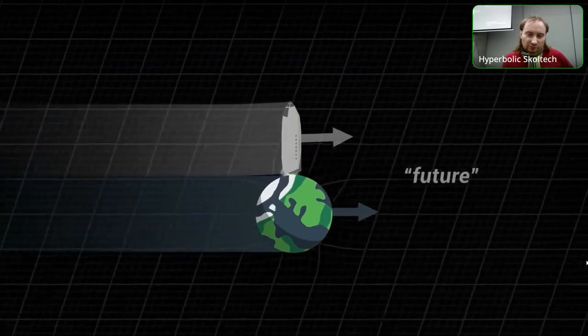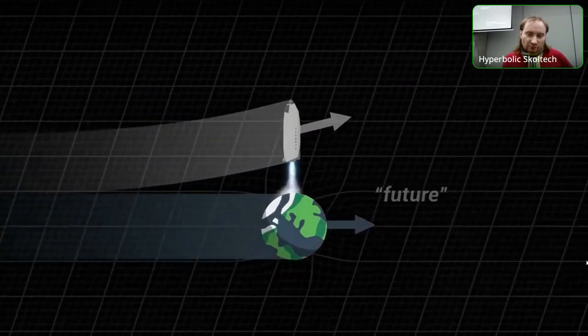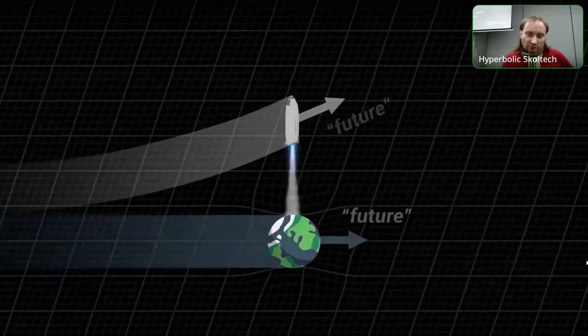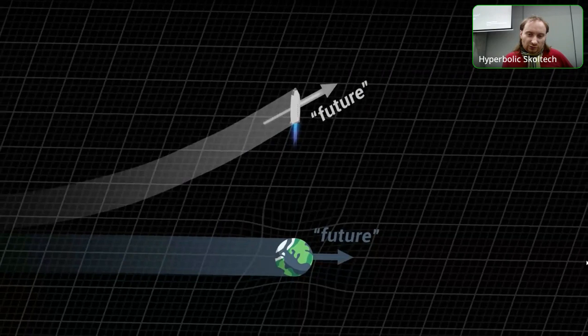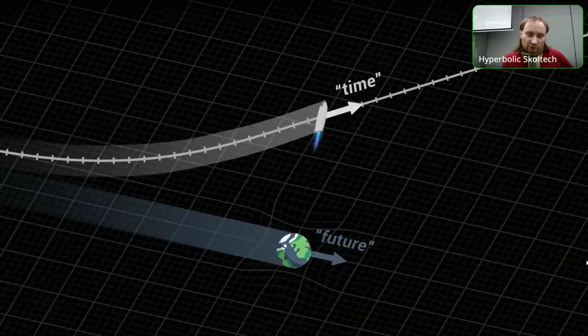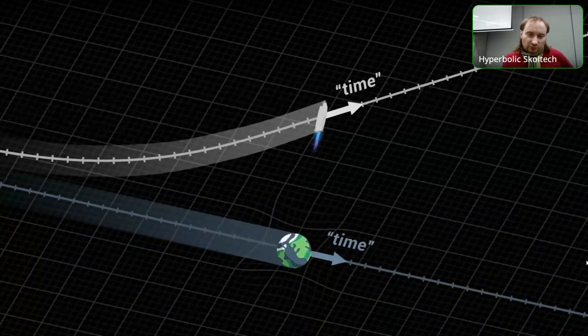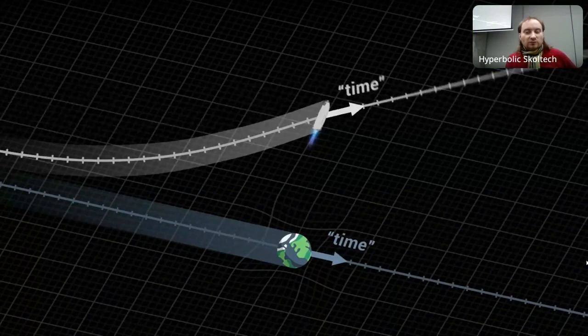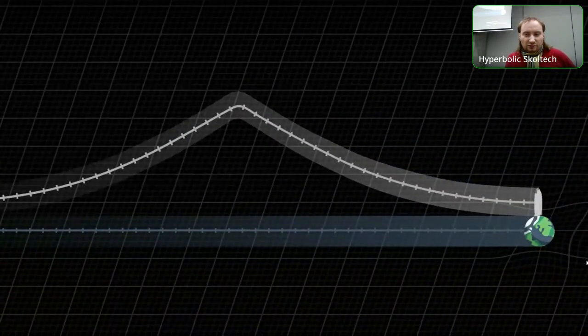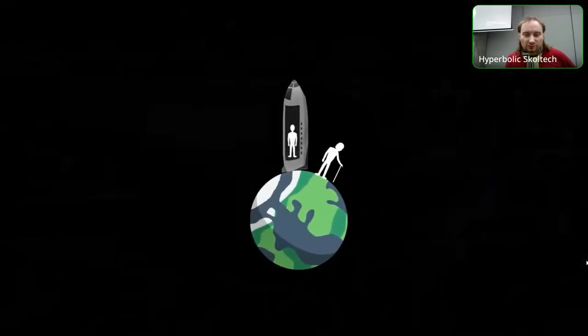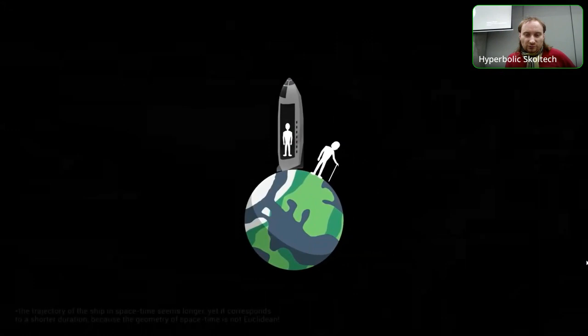But by picking up speed and zooming away from Earth faster and faster, our trajectory gradually deviated from that of the planet. The axis we call time is no longer aligned with the time axis of people on Earth. If we decided to turn around and come back, our clocks would have measured a different time, and we would have aged less than Earthlings because our trajectories in space-time would have been different.